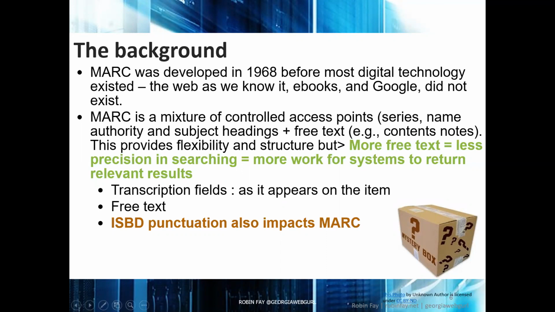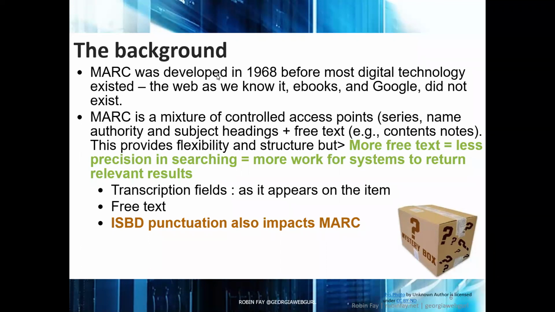So MARC is a mixture of controlled access points, and we're not going to talk a whole lot about what that means, but basically you're looking at a controlled vocabulary or an authoritative resource. So it doesn't mean that you can just write anything into those fields you want.